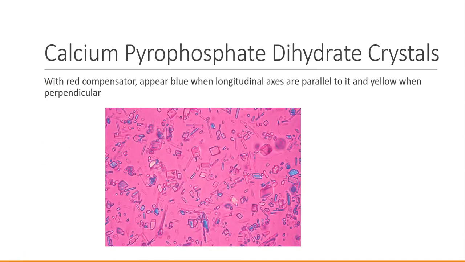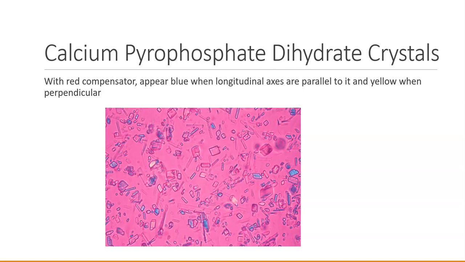Calcium pyrophosphate dihydrate crystals with the red compensator appear blue when longitudinal axes are parallel to it and yellow when they're perpendicular. These crystals are extracted from the synovial fluid of a patient with pseudogout.